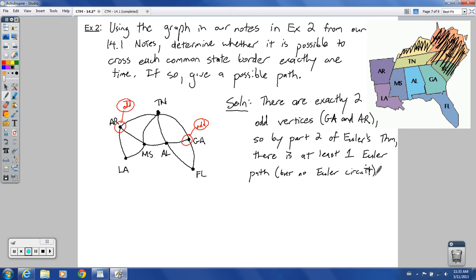Okay, but no Euler circuit, and just giving you a little extra information here since it's helpful to have in your notes, since it must start at, not and, at an odd vertex and finish at the other odd vertex.